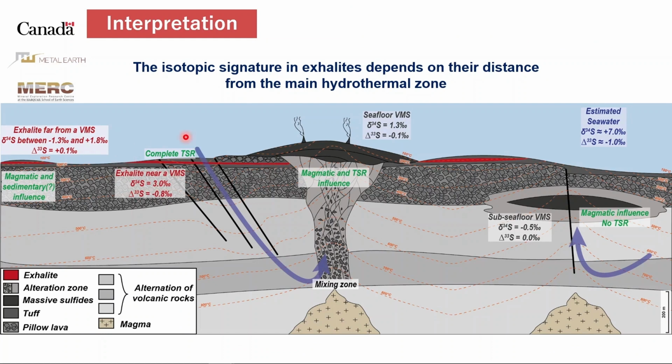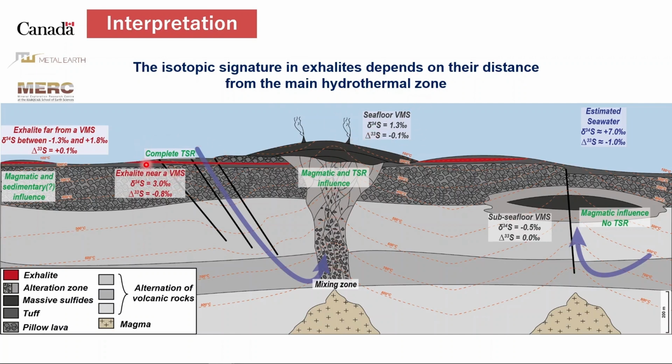But to explain this difference: here, a subsea floor replacement VMS deposit, we don't expect any seawater sulfate influence. On a seafloor VMS, there is a mix of the magmatic and the seawater sulfate influence.